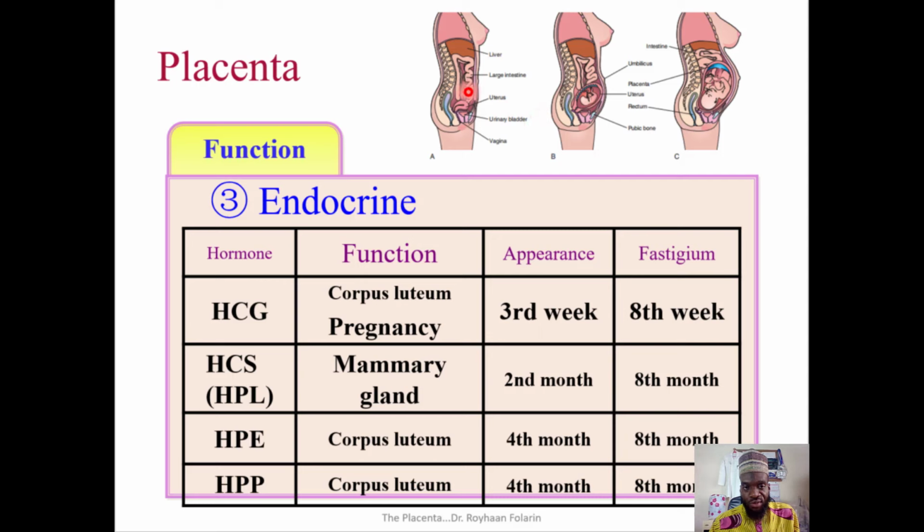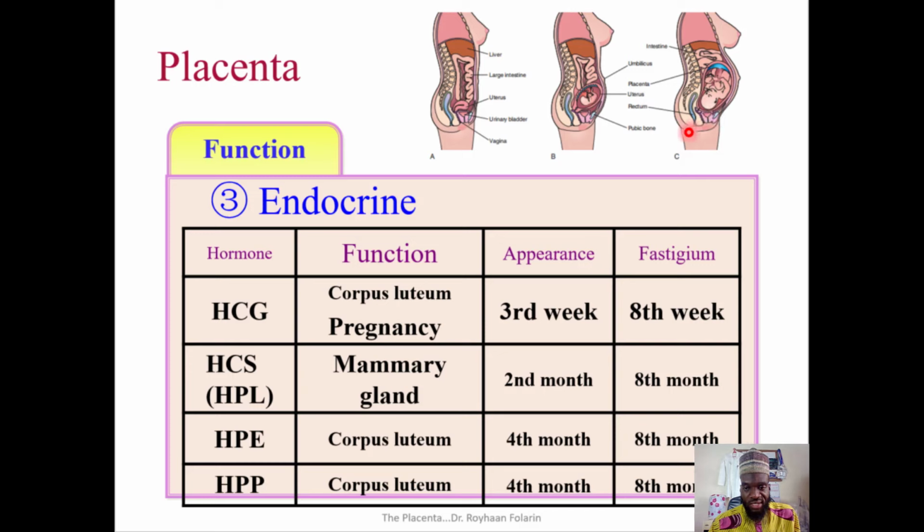So here are median sections of the woman's body, where you have a woman here who is not pregnant in this first picture. So not pregnant, and by the time a woman is 20 weeks pregnant, that's what you see right here. And then the third picture here is that of a woman who is 30 weeks pregnant.